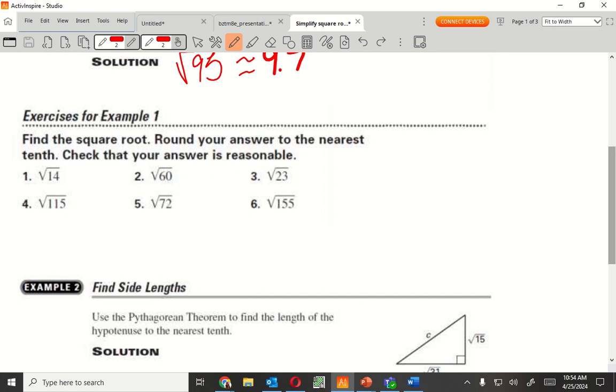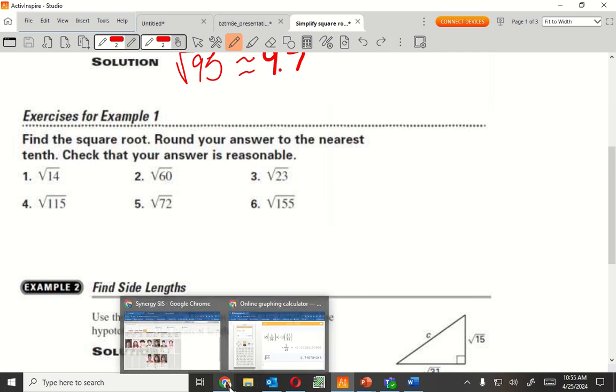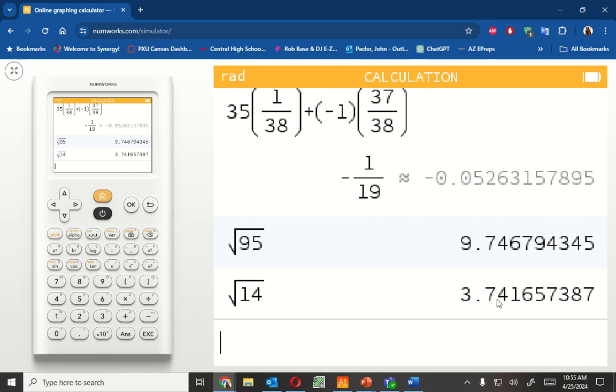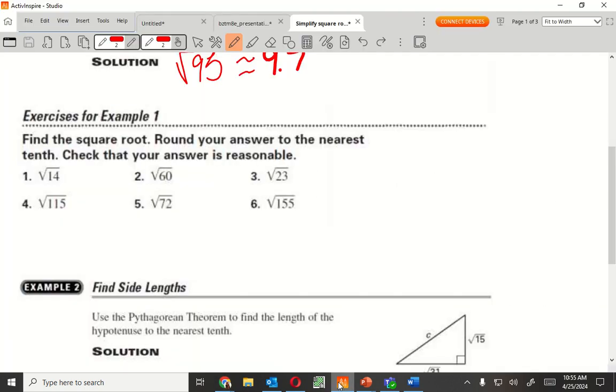Alright, so let's go through by doing the calculator, especially for those people that weren't paying attention. First time through, I'm going to do a couple of them. So, square root of 14. That's going to give me 3.7. Does this make sense?